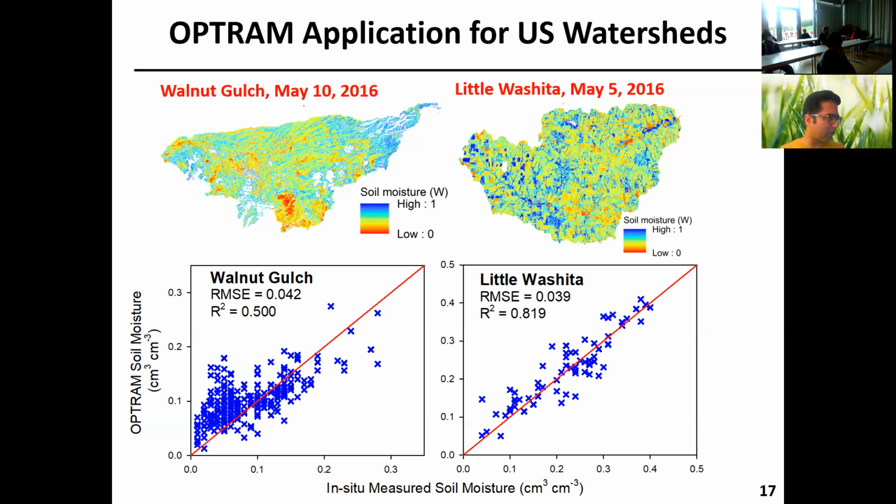For the Walnut Gulch, you see much more scattering. So probably we could get better estimates here by classification. Little Washita here was okay, because probably it was a more uniform watershed compared to the Walnut Gulch in Arizona.